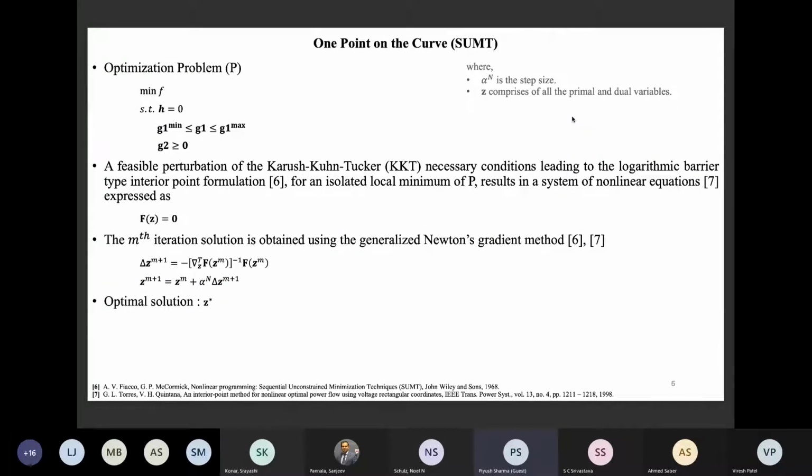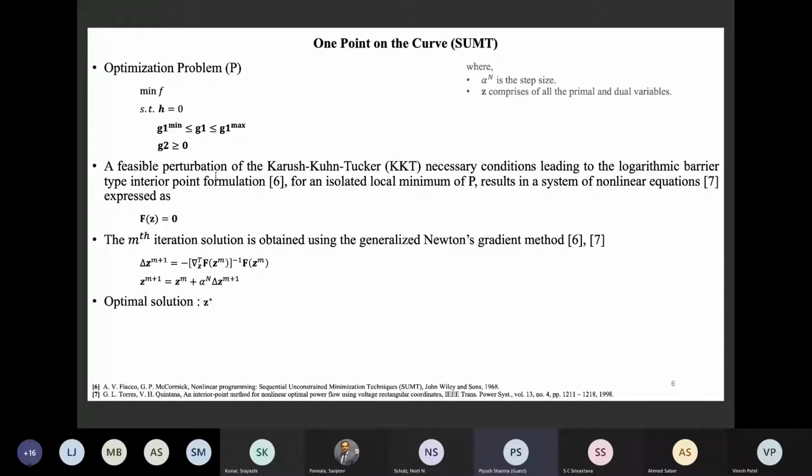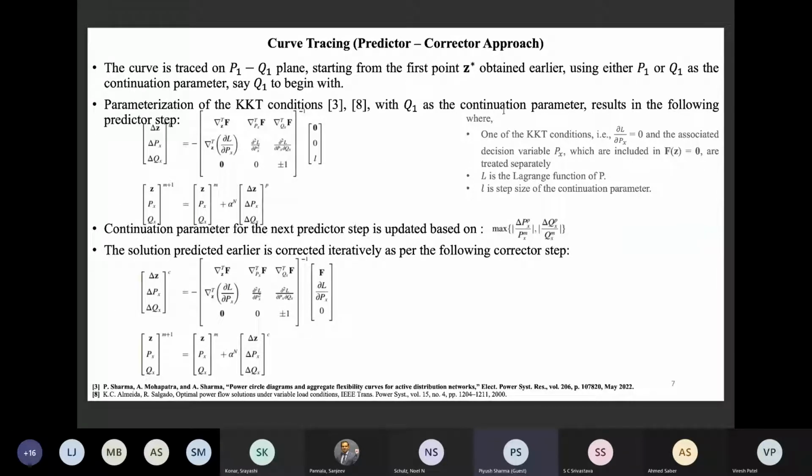We have sequentially traced the set of optimal solutions, all the optimal solutions on the boundary of the aggregate flexibility curve. So that flexibility curve on the P1 Q1 plane is traced starting from the first point that we obtained using this SUMT technique, using a predictor corrector approach, using either P1 or Q1, let us say Q1 to begin with, as the continuation parameter.